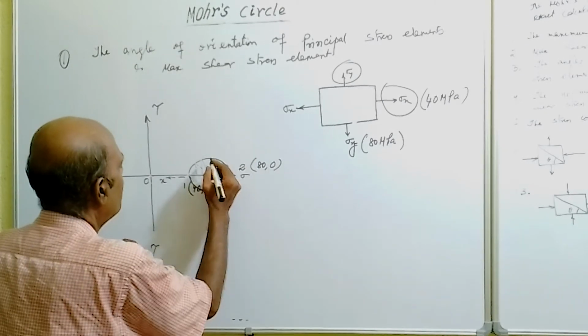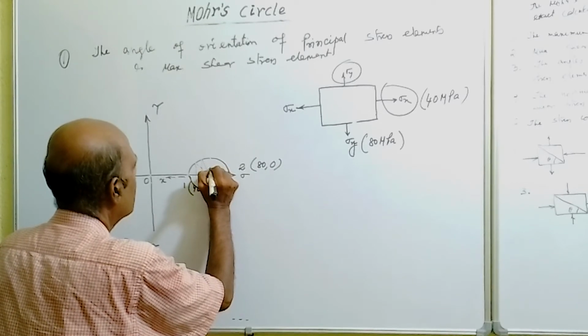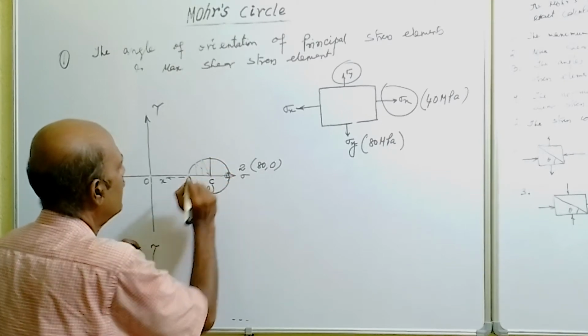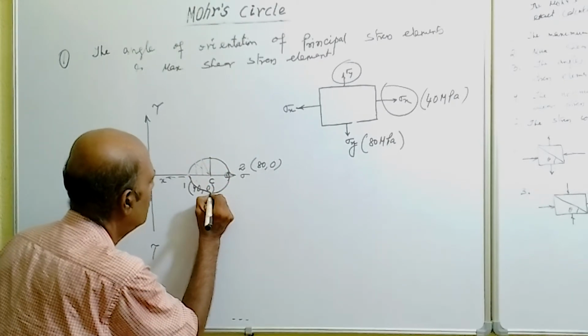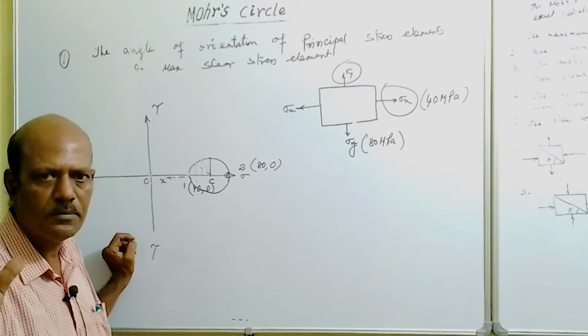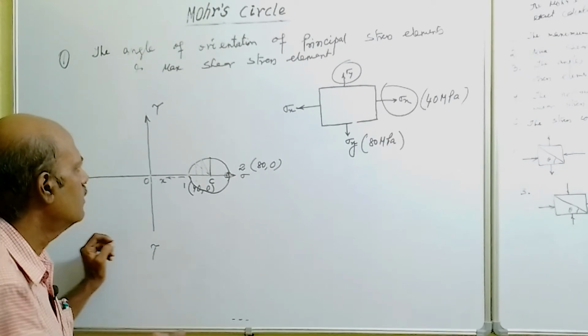So on the inclined plane, if we rotate x axis up to this, so that this point is just above or below point C, that will give the maximum shear stress. That is the second point what we have discussed.